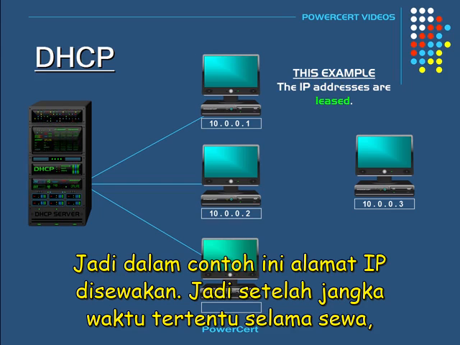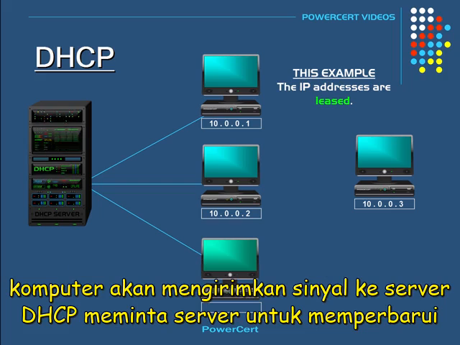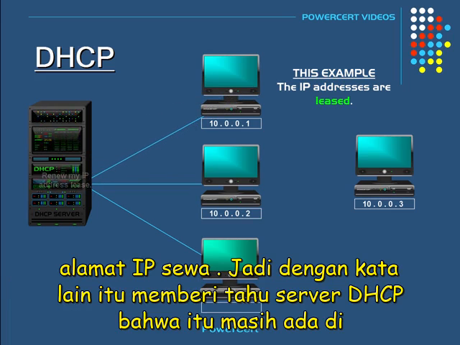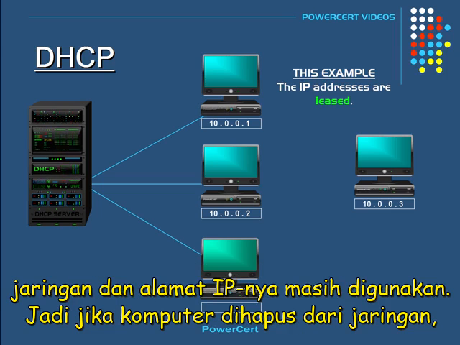So after a certain period of time during the lease, the computers will send a signal to the DHCP server asking the server to renew its lease of the IP address. So in other words, it's informing the DHCP server that it's still present on the network and its IP address is still being used.